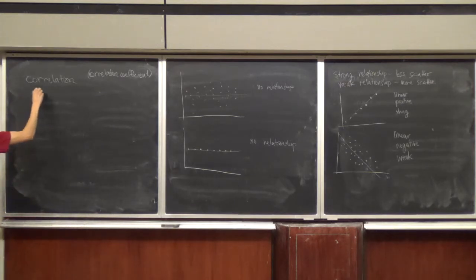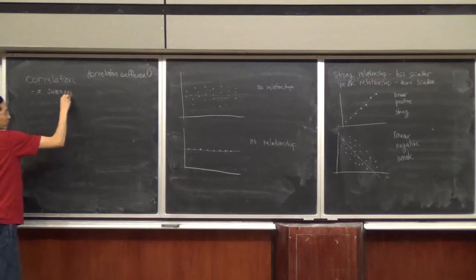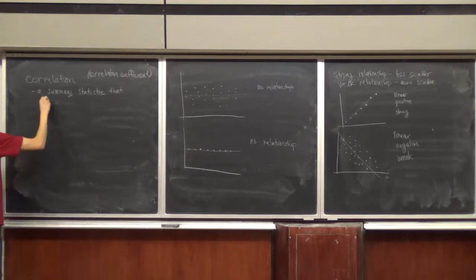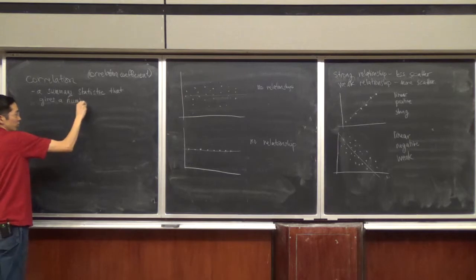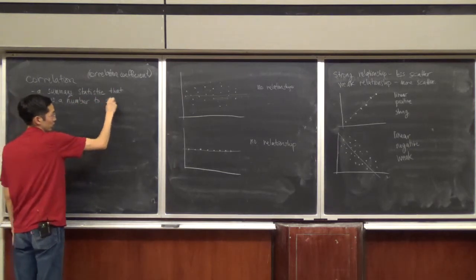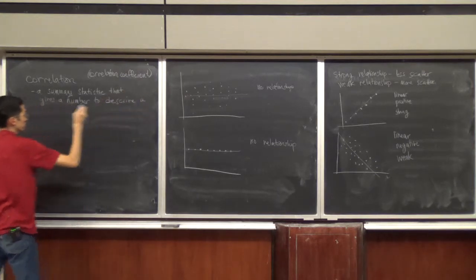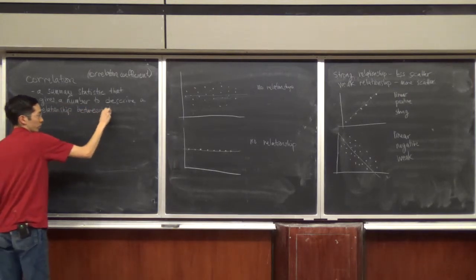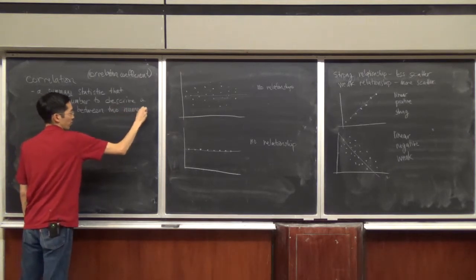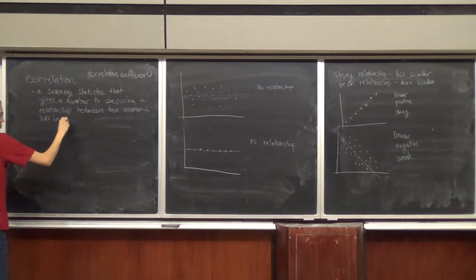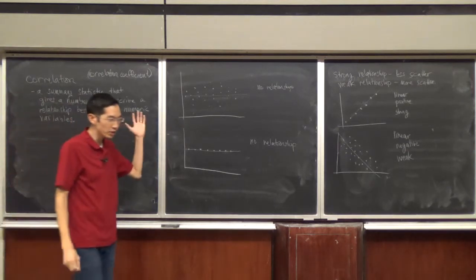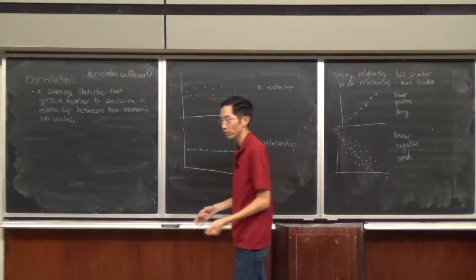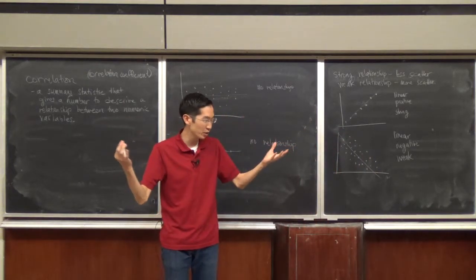So in this context, the correlation serves the same purpose as all of these other summary statistics that you've learned: describing something with a number.